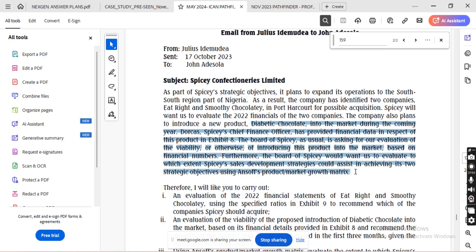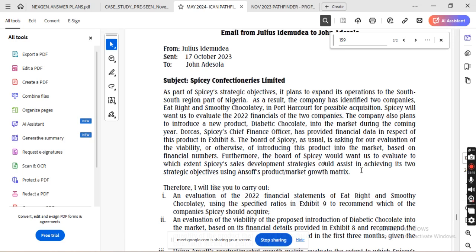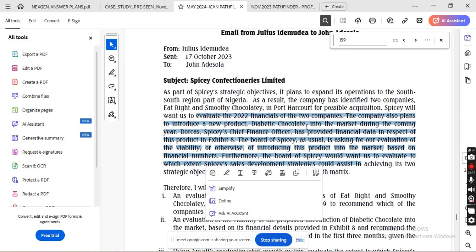Immediately you see they want to introduce new products and acquisition, definitely you need to think about the model. Then you don't even need to think, they already tell you that it is Ansoff. But from the pre-seen, you would just be contemplating, oh, let's use Ansoff. Is that not so?